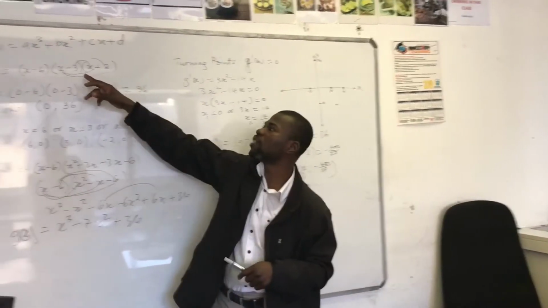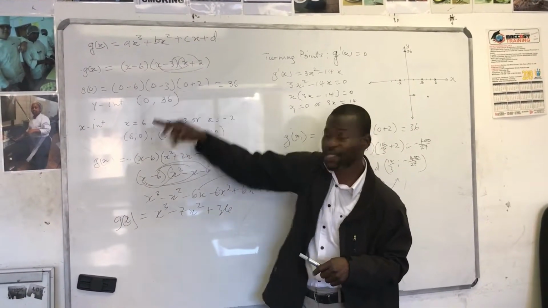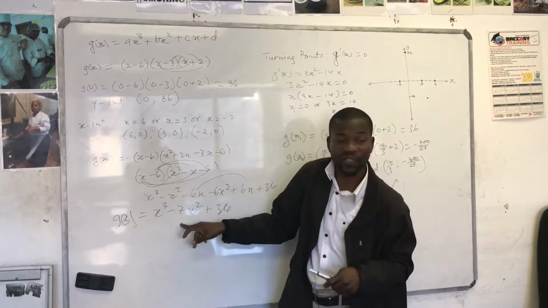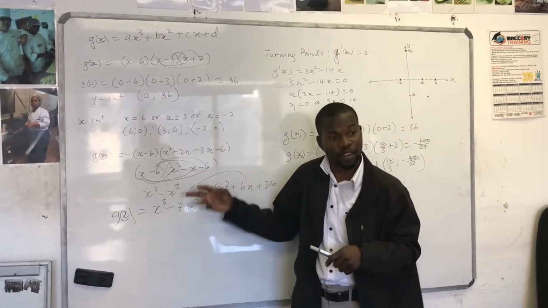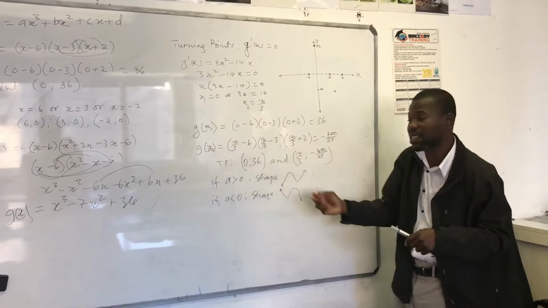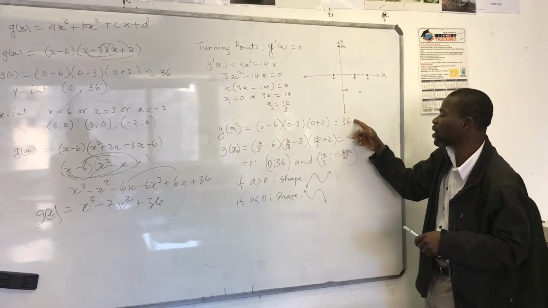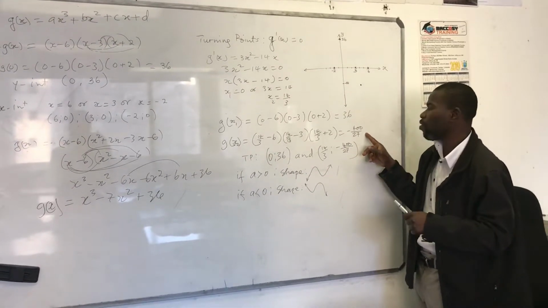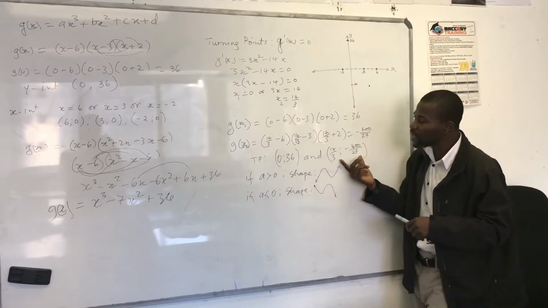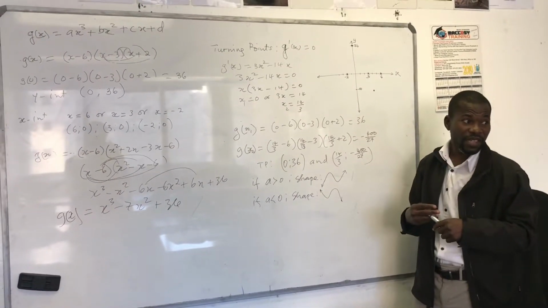I'm talking about the original function. This and this are the same; this one is just the factorized form of the standard one. Any of them that you use, you get the right answer. So when we substitute the two x values, we got 36 and negative 400 over 27. Basically, these are the two turning points we have.